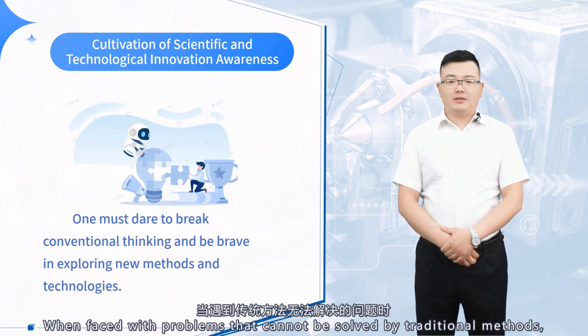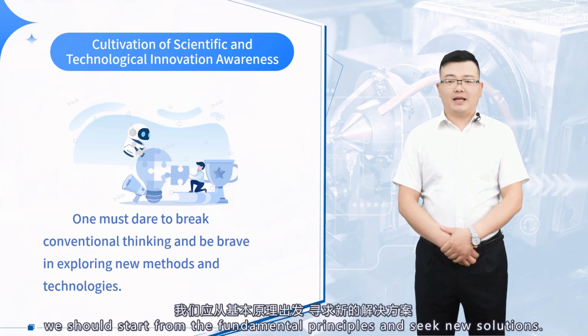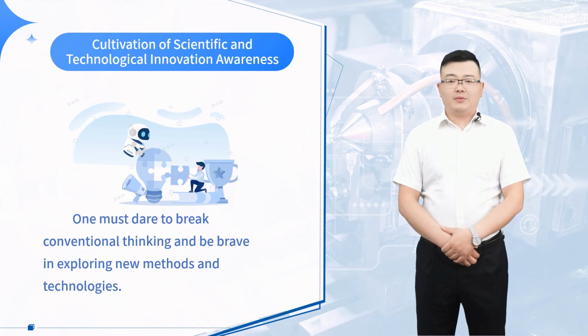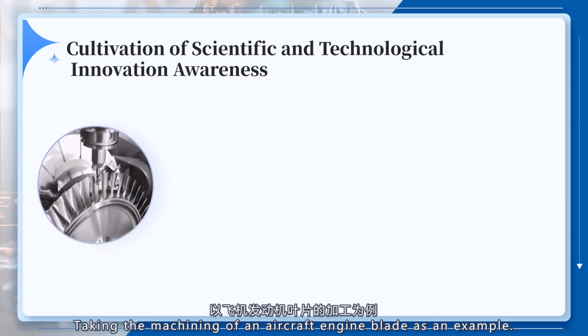When faced with problems that cannot be solved by traditional methods, we should start from the fundamental principles and seek new solutions. Taking the machining of an aircraft engine blade as an example.